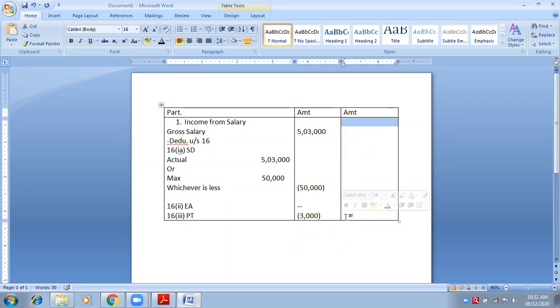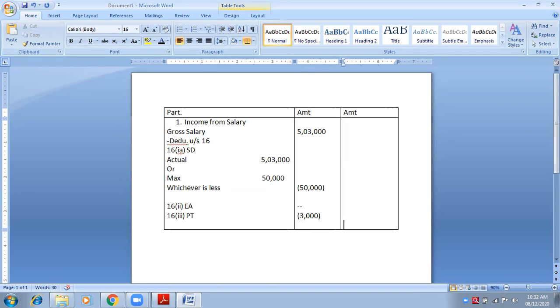So tell me, after deducting, what is the net income from salary? 4,50,000. Now this will be known as income from salary. Here I will write income from salary.